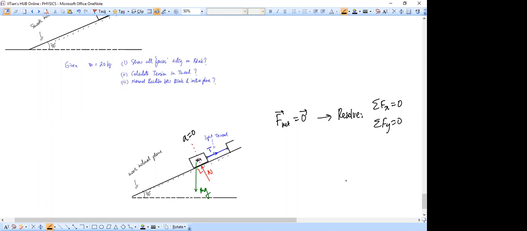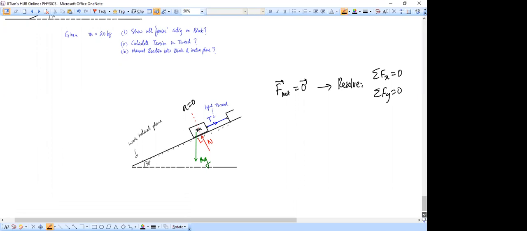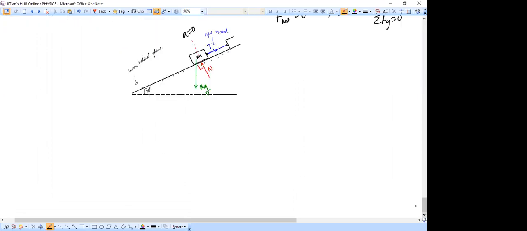Okay. So let's understand this diagram in a little bit more detail. Okay. So if we represent the block by a point mass, we'll understand what are the forces acting on it. There is mg, which I've already shown, acting vertically downwards.